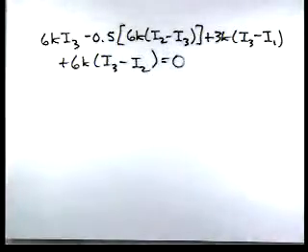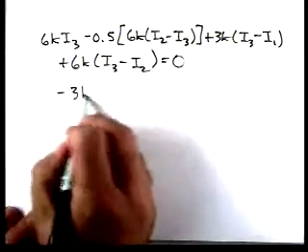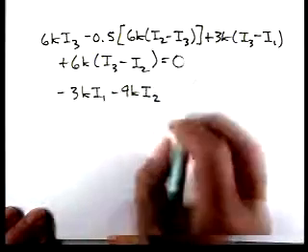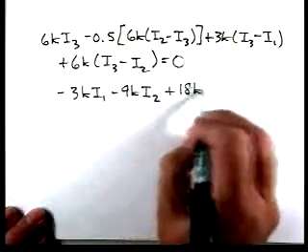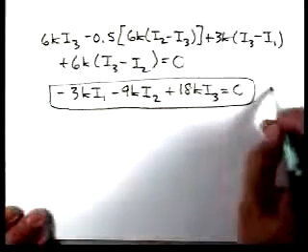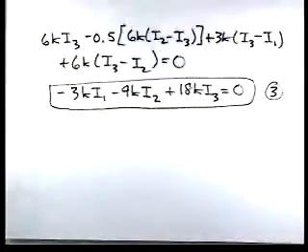And then this reduces down to minus 3K I1 minus 9K I2 plus 18K I3 equal to 0. So here's our third equation.